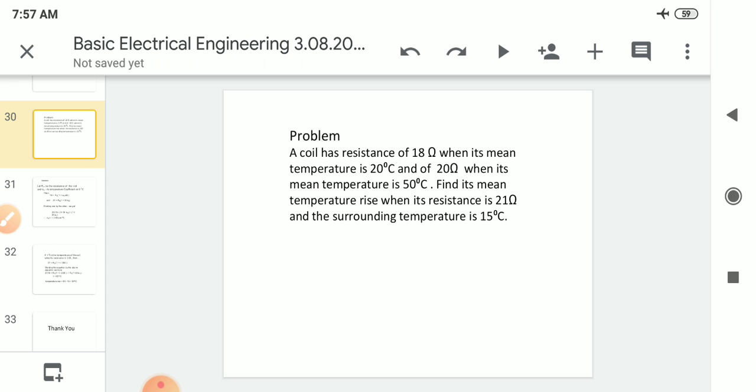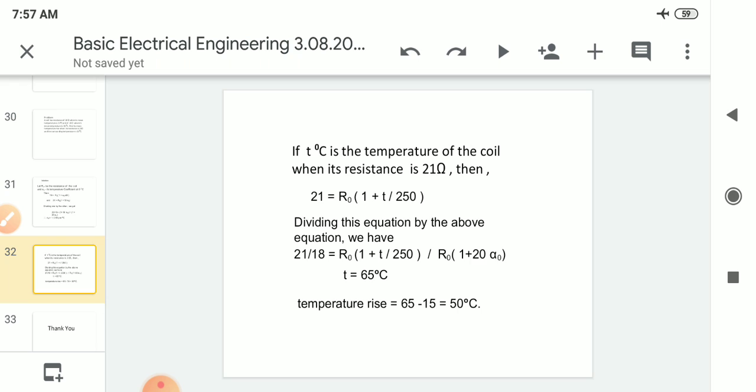But the surrounding temperature is what? 15 degrees centigrade, given in the question. So actually it is 15 degrees centigrade, but due to temperature, resistances, all those things, we are getting the value of 65 degrees.